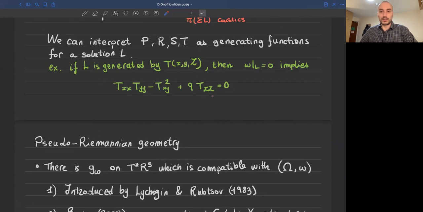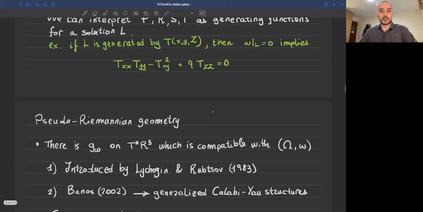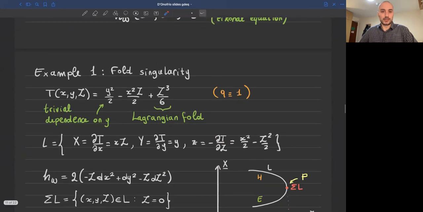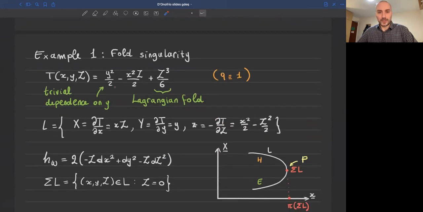This is the Monge-Ampère equation satisfied by a generating function t. There is this q here. We set it equal to 1, and then a simple solution to this equation is just this one. Now, why did I choose this t to represent L locally? Because in these coordinates it's simple to describe a Lagrangian fold, a Lagrangian singularity.